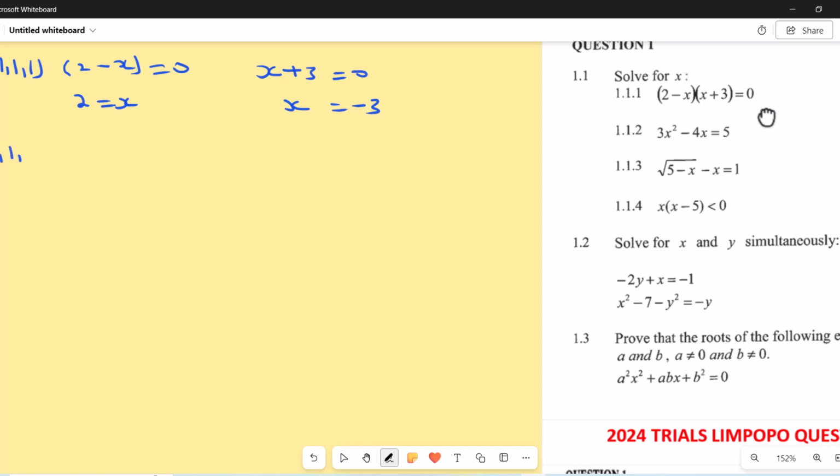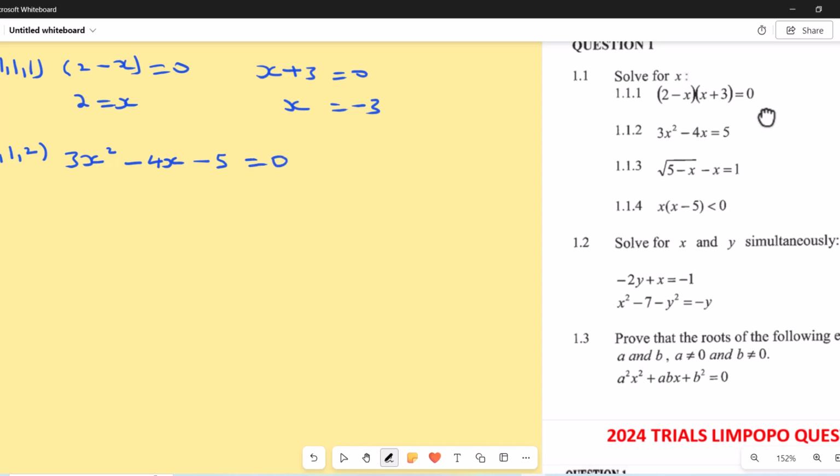1.1.2. In this case, this is the quadratic which you see here, but we must put it in standard form. So I'm going to say that it is 3x squared minus 4x, then the 5 becomes a negative, so minus 5, equals 0.